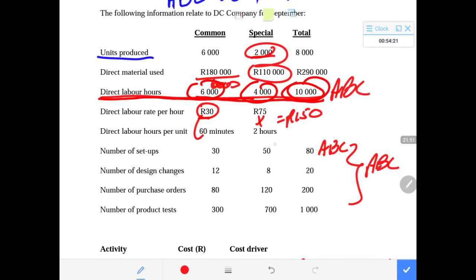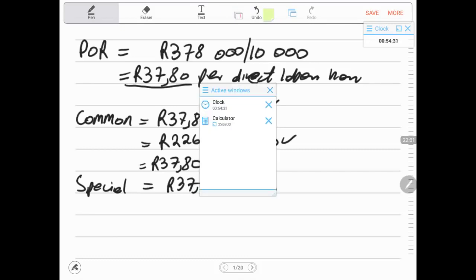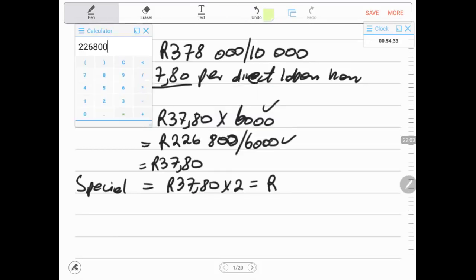We know that it takes 2 hours. So if the rate is already per direct labor hour, then I can multiply by the 2 hours. Therefore this will give me 37 rand 80 cents times 2, which is 75 rand 60 cents.